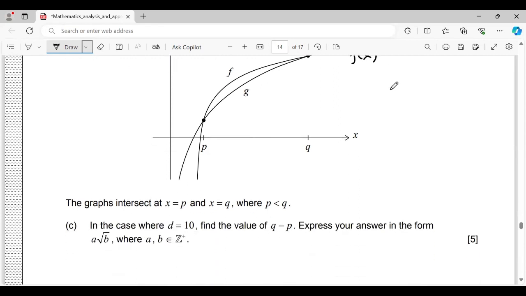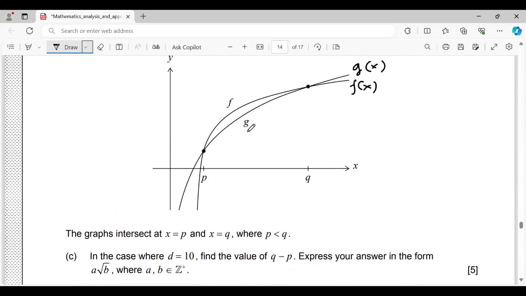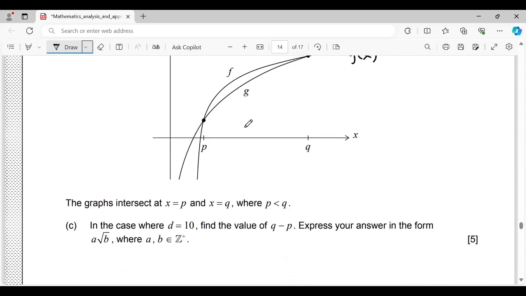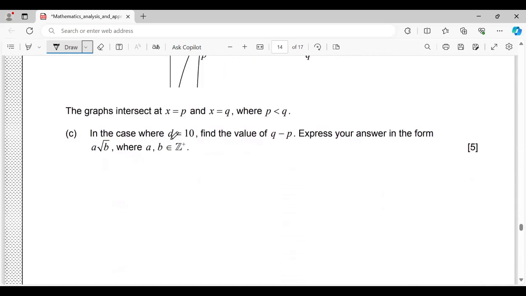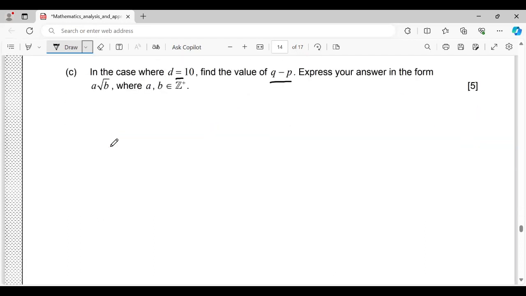The graphs intersect at x equals p and x equals q, here and here. So there are two intersection points. In the case where d equals 10, this is important information, find the value of q minus p. Express your answer in the form a square root b.